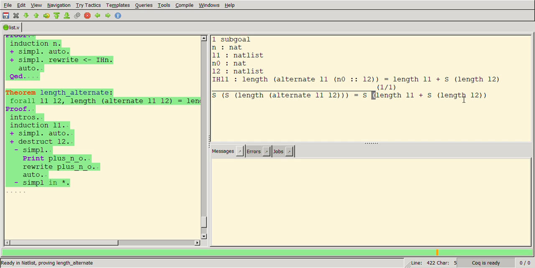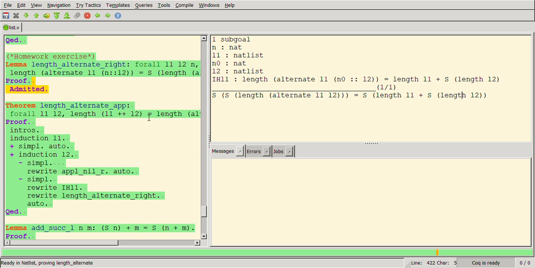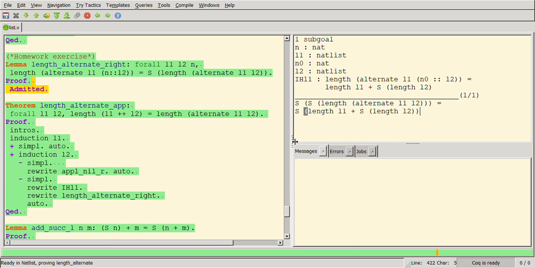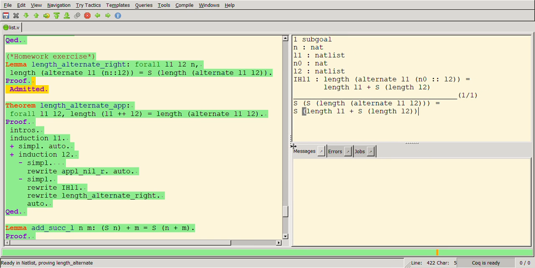We have a lemma here that we had admitted: length alternate append. Can we rewrite this lemma?